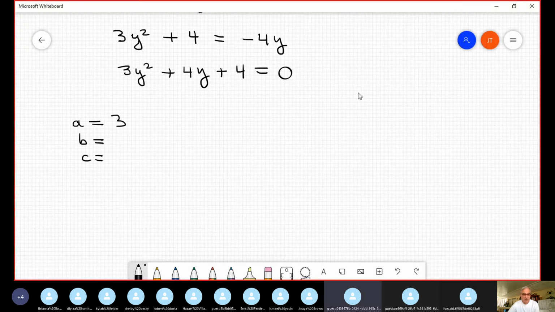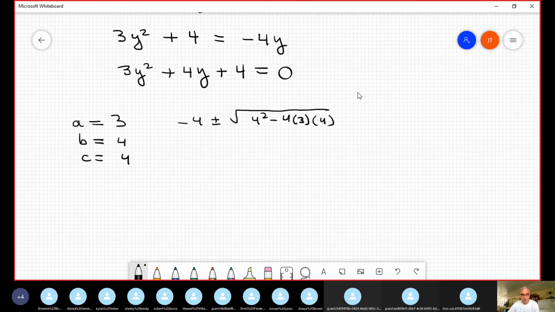A is 3, B is 4, and C is 4. This is minus B plus or minus the square root of 4 squared minus 4 multiplied by 3 multiplied by 4, divided by 2 times 3. 4 squared is 16 minus this is 12 times 4 is 48, I suppose.